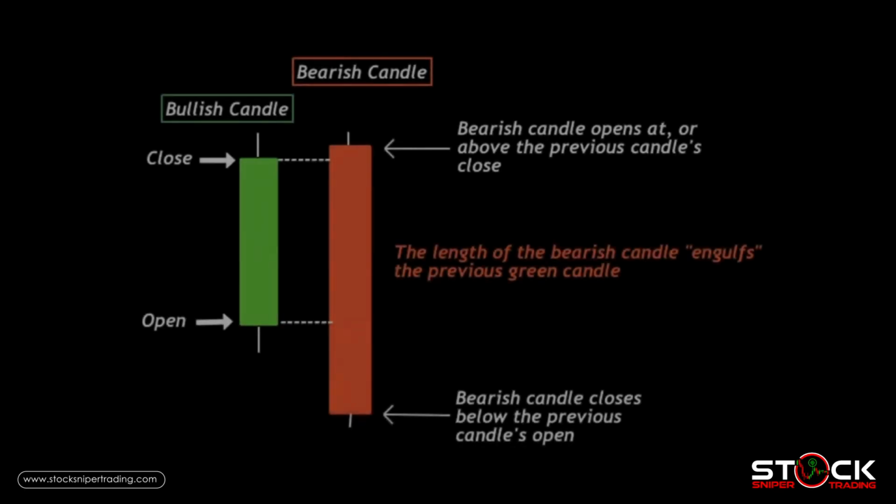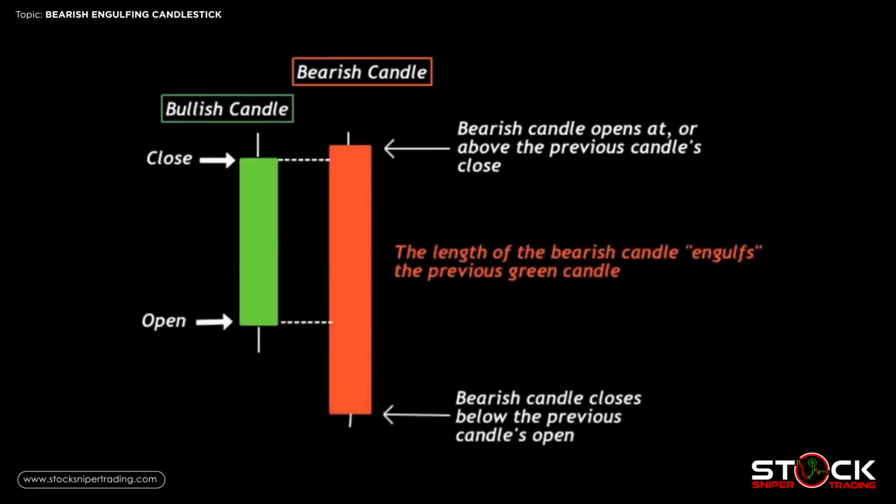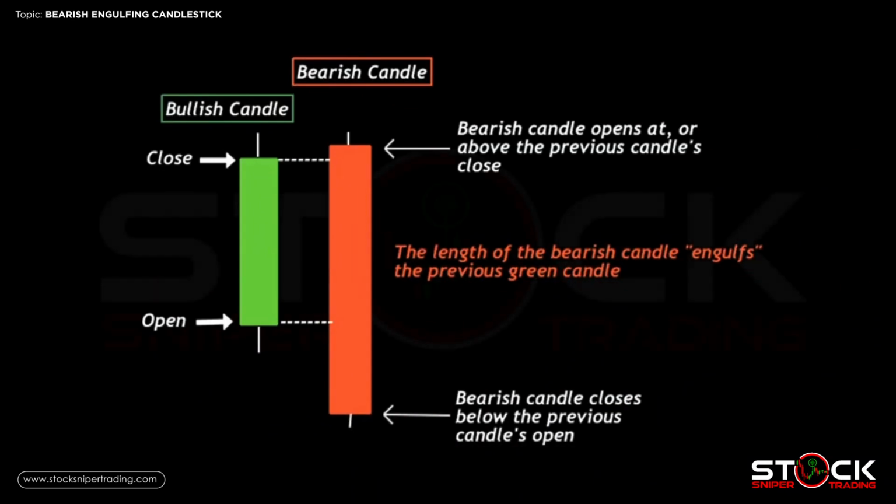The bearish engulfing candlestick pattern is one which completely engulfs a previous bullish candle. On the left, we have a bullish green candle which opens and closes at the top, and our next is our continuation of our bearish engulfing candle.